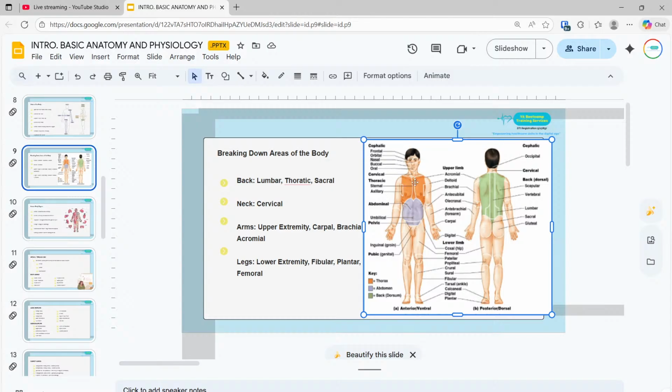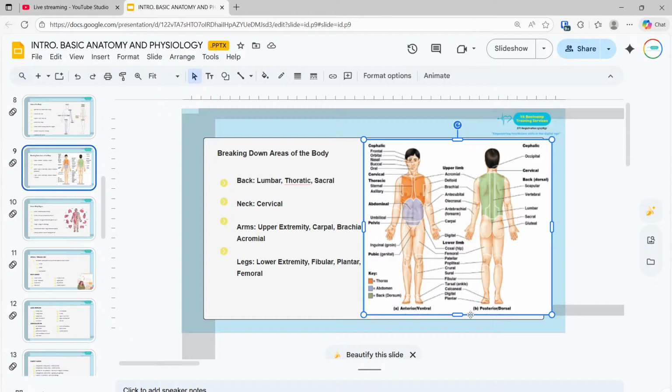So same here on the left figure, you can see frontal, orbital, nasal, buccal, and oral. Okay. And then we have thoracic for the sternum. We have abdominal, umbilical or umbilicus, and then we have pelvic, and then we have inguinal and pubic for the genital.